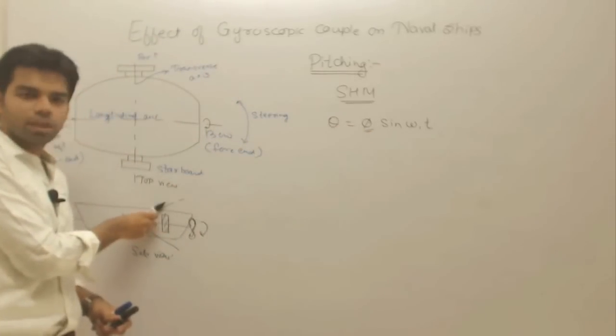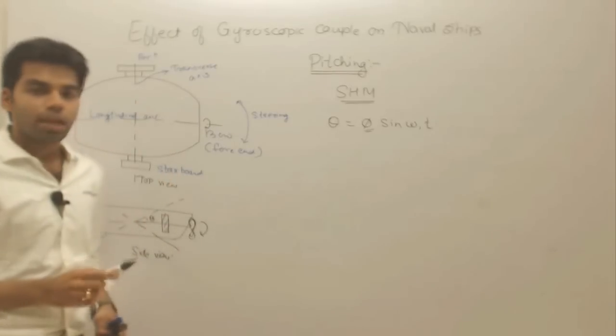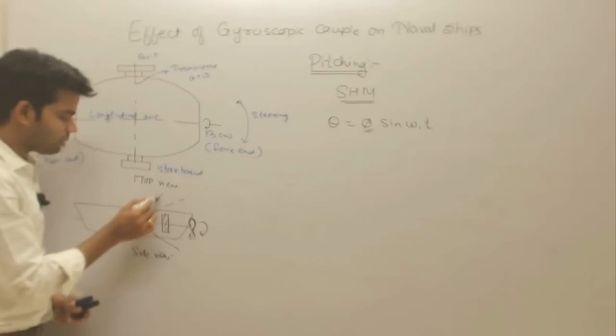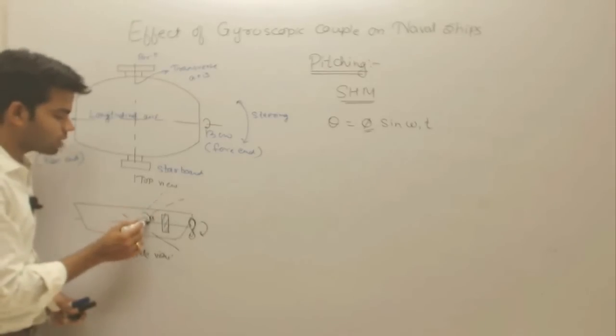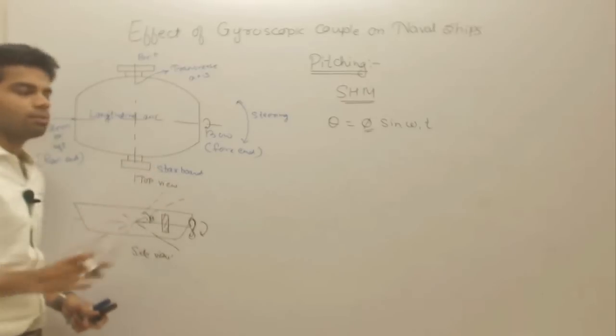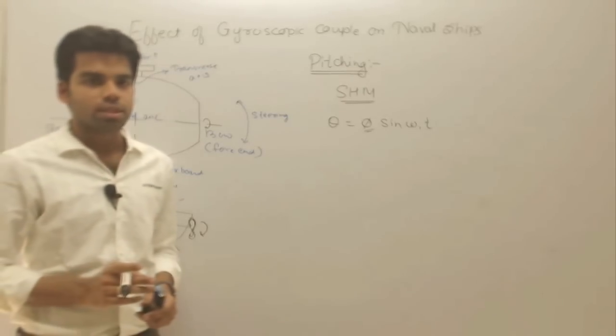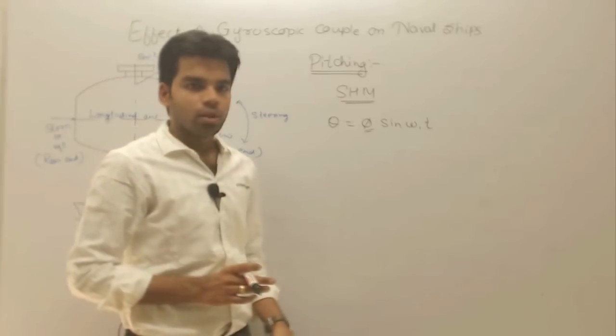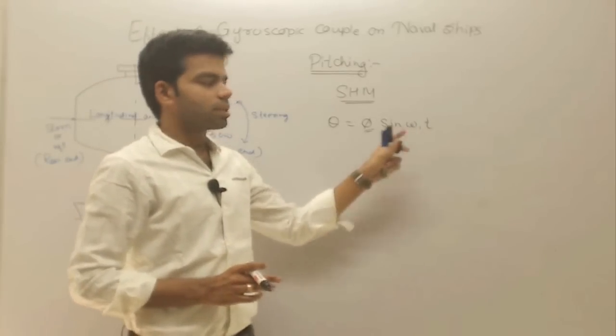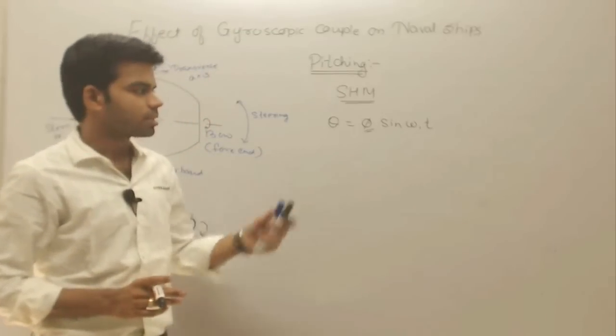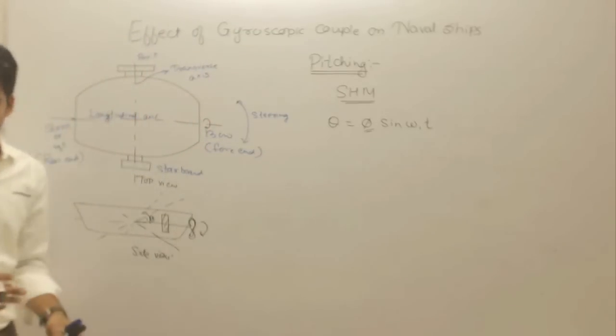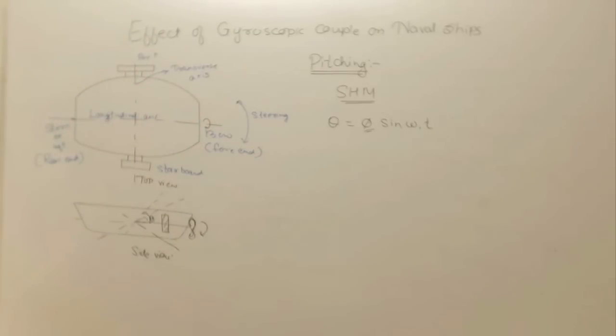Phi is the amplitude. Amplitude means the maximum angle to which this is turning. The maximum angle to which this is turning is nothing but phi. Okay, this omega 1 is nothing but the angular velocity. t is the time. So theta will be equal to phi sine of omega 1 t.